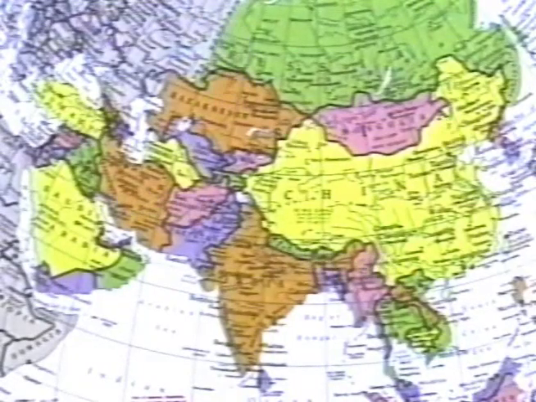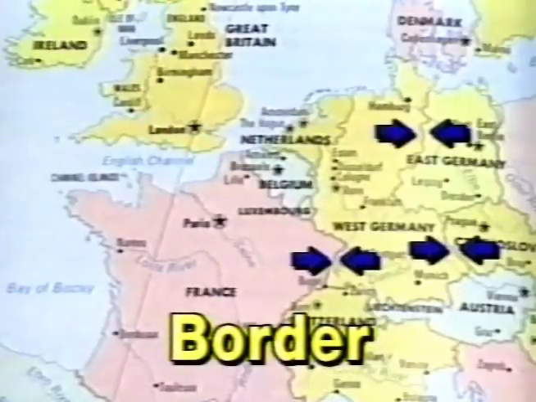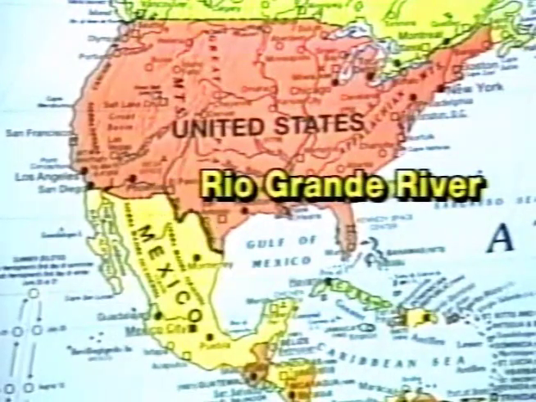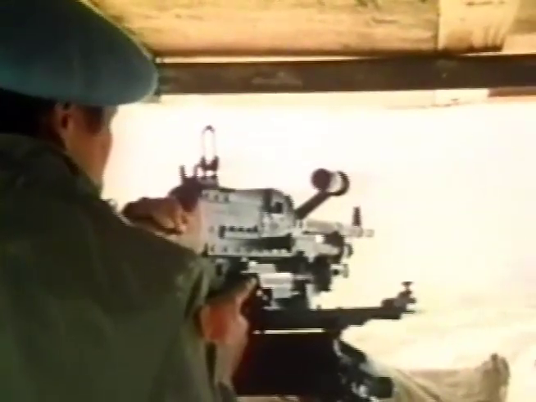On a political map, the line separating one country from another is called a border. These borders sometimes follow natural land features, such as a mountain range or a river, like the Rio Grande River that separates the U.S. and Mexico. Where people or governments are in conflict, borders can be heavily defended.